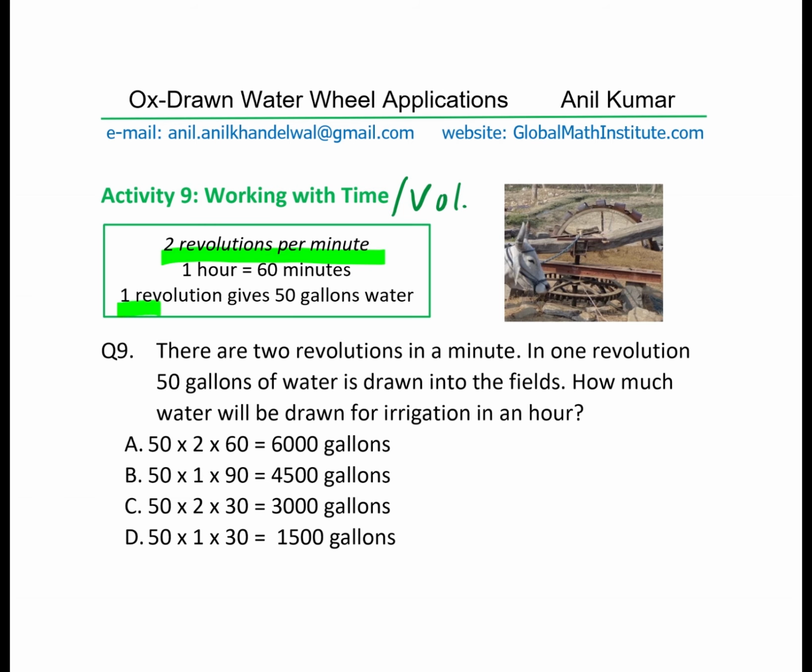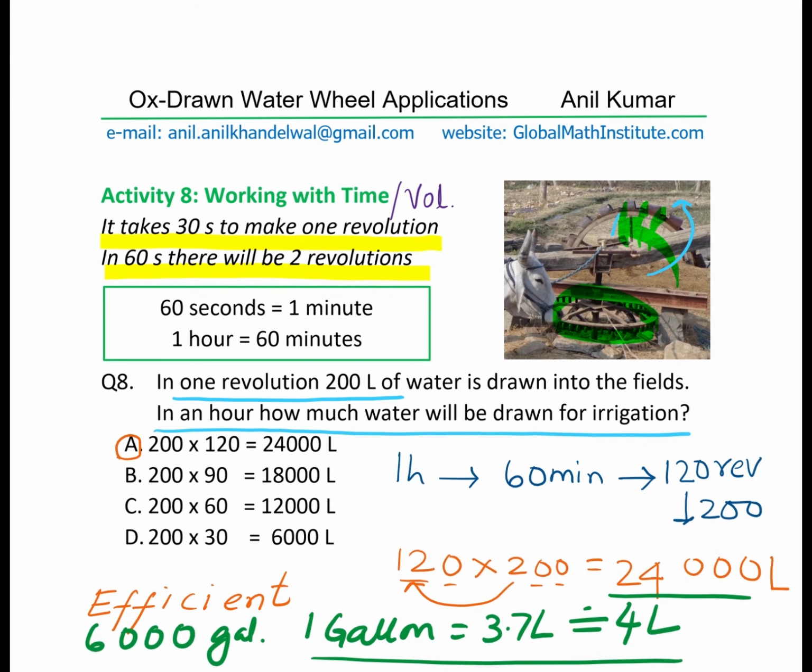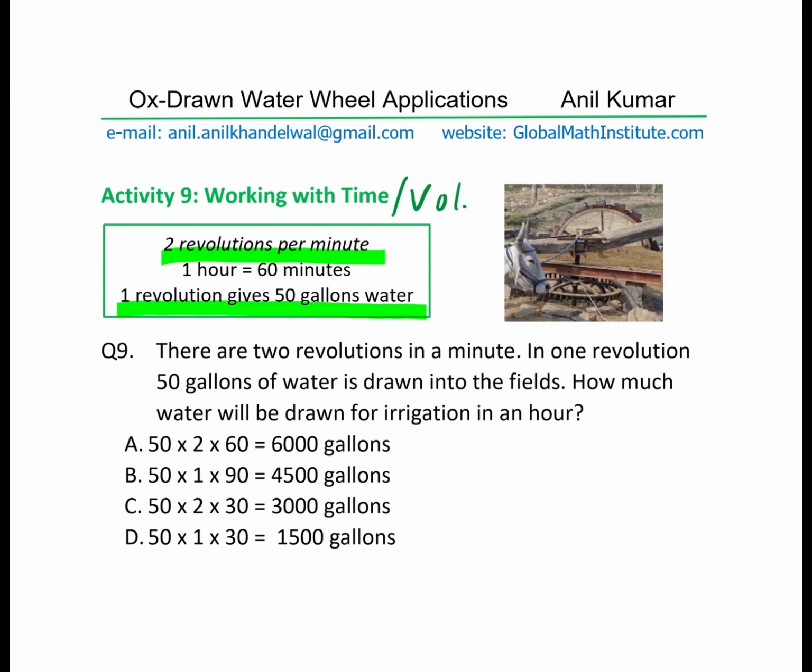So we are saying 1 revolution gives 50 gallons. So earlier it was 200 liters. Do you see that? 200 liters. And now we are saying 50 gallons.